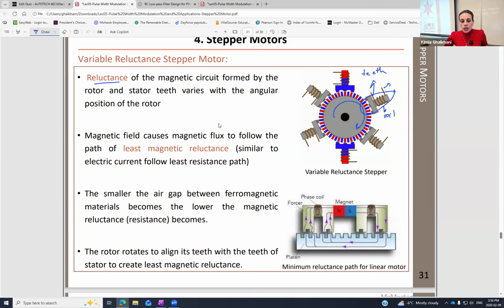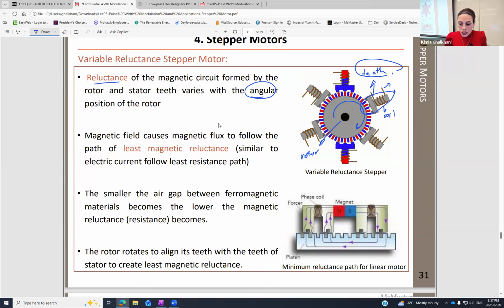This reluctance will change by the number of the teeth, because it is going to move in some angular position around the rotor. This is going to be your rotor, or any rotary part of the stepper motor. We call it the rotor, and these teeth are around the rotor.